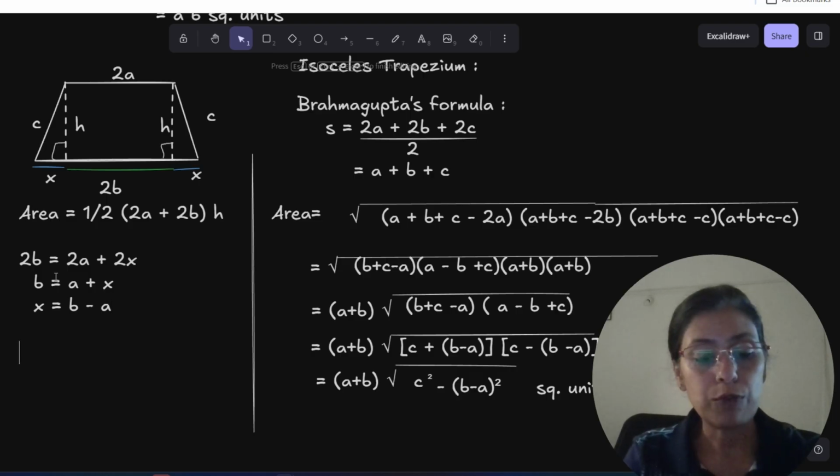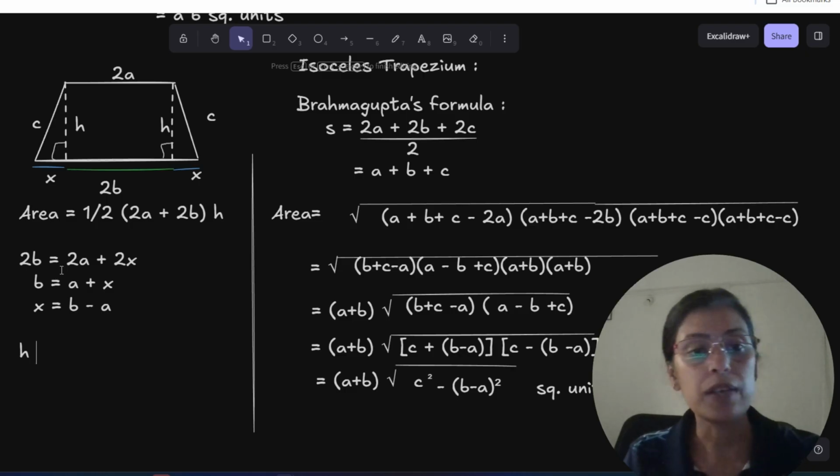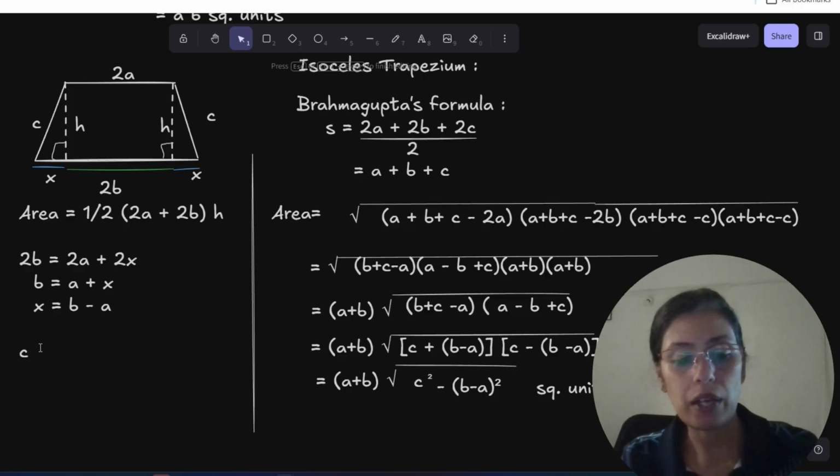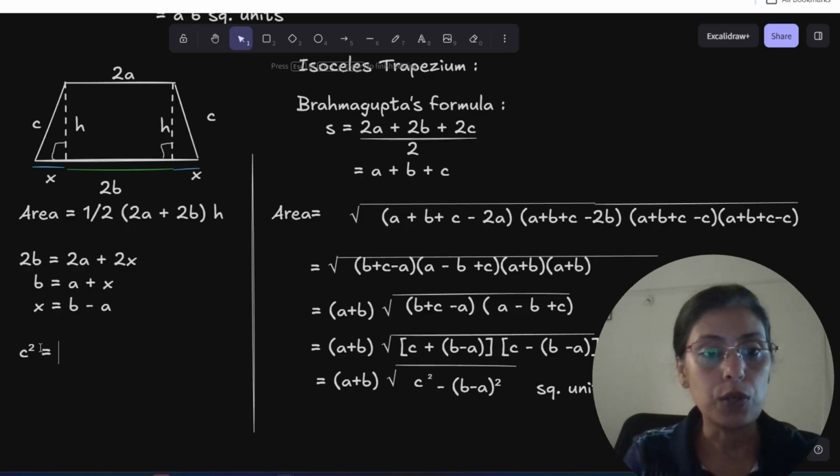Now if we have to calculate h, again by the Pythagoras theorem, we know that c square is equal to h square plus x square, right?